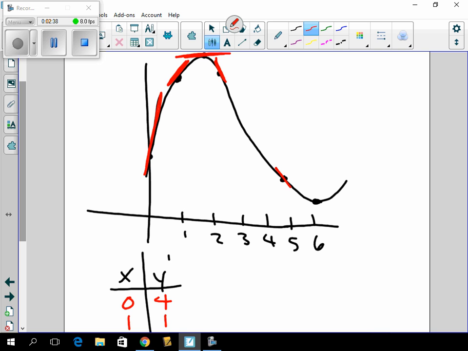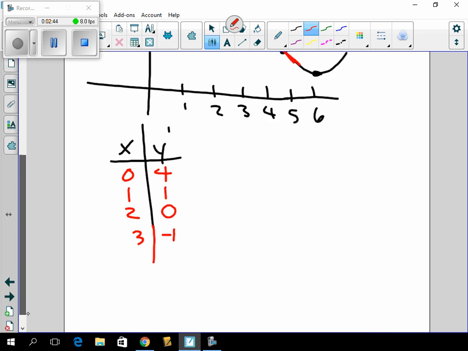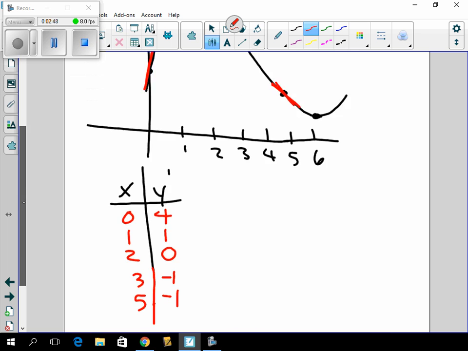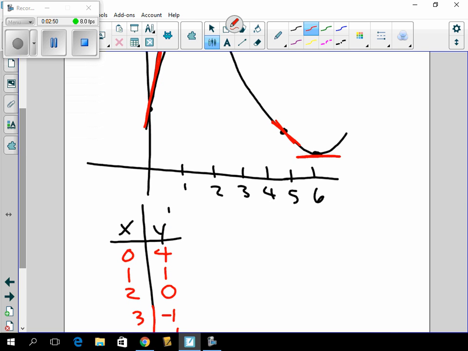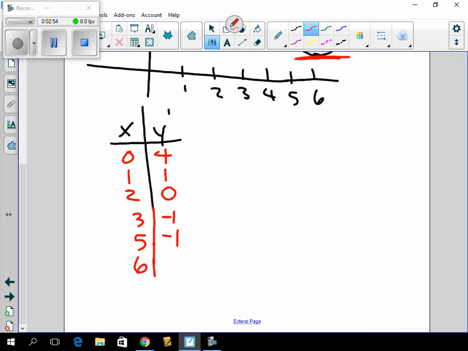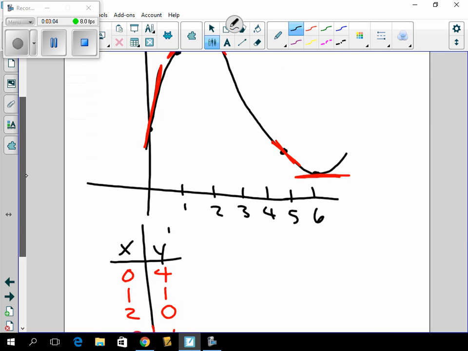Again, this slope looks like -1, so this is about -1, and then at 6, my slope is flat again. So at 6, my slope is 0. This was just a guesstimate. We were looking at the slopes, seeing if we could eyeball them, and they will obviously look much better with a much nicer graph.